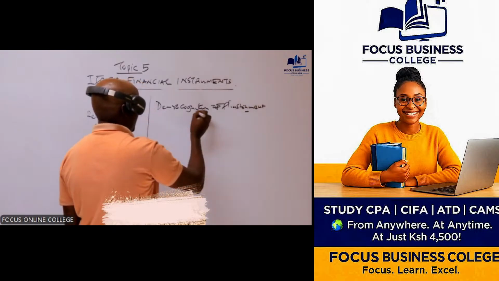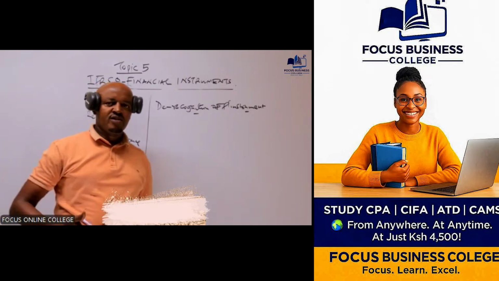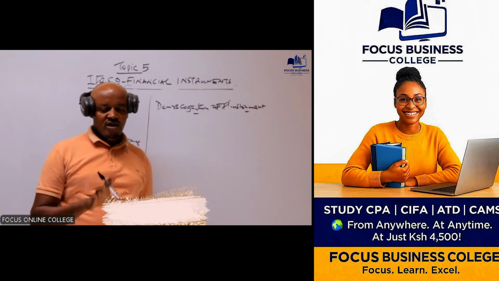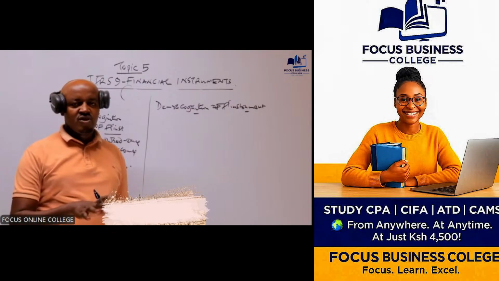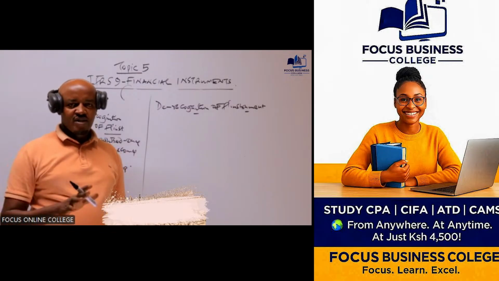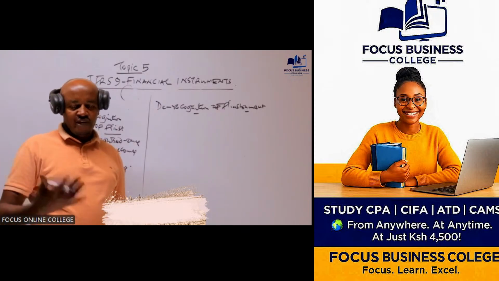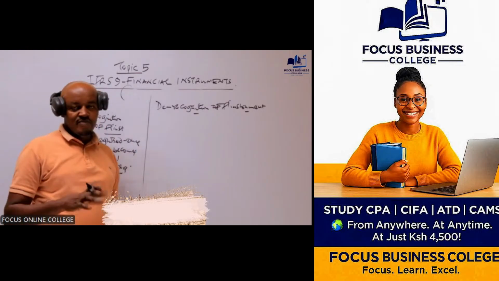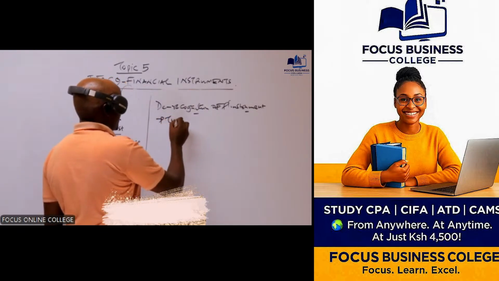So by definition, we say to derecognize is to remove a financial instrument from the entity's statement of financial position. It is the process of removing a financial instrument. If, for example, a company had issued debentures, those debentures may be removed from the balance sheet, from the statement of financial position, maybe because they have been redeemed. So that process through which financial instruments are removed from the statement of financial position, we refer to that as derecognition.